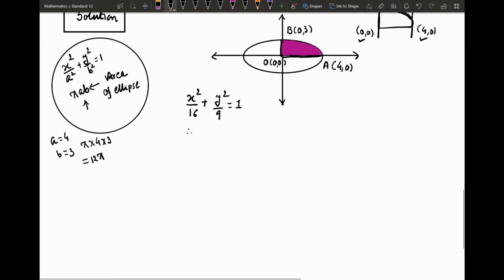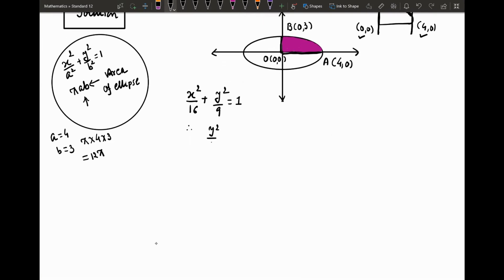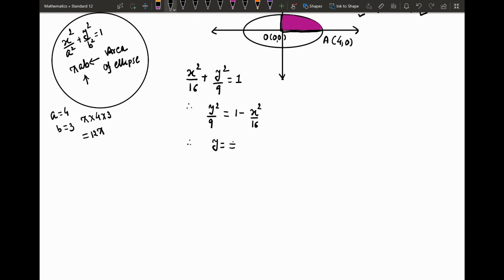On simplifying this equation for y, y square by 9 is 1 minus x square by 16, so y equal to plus minus, when we take the square root, 3 by 4 under root 16 minus x square. We have to get from the equation of the ellipse y as a function of x, and in the first quadrant y is positive, so we will take the positive square root.